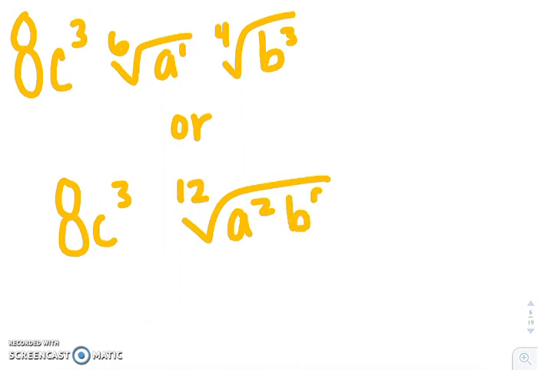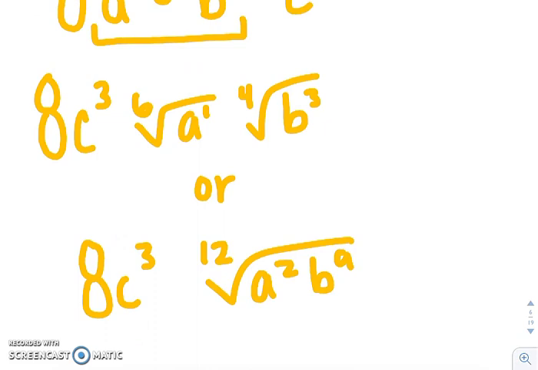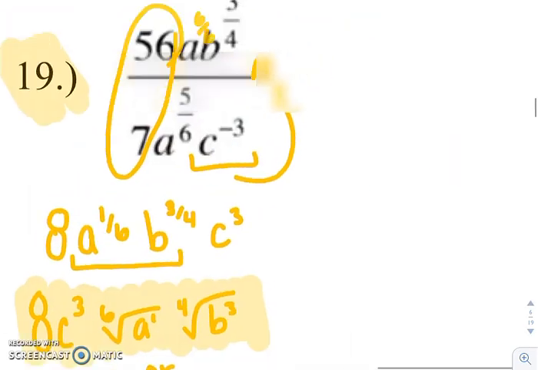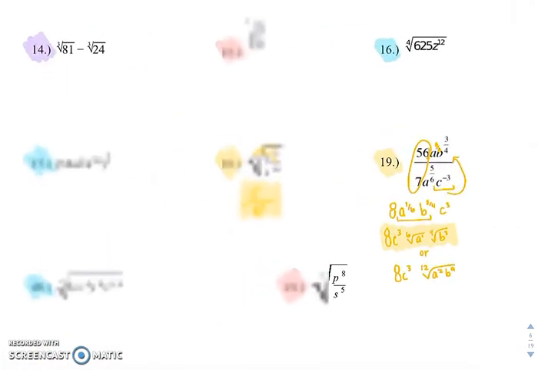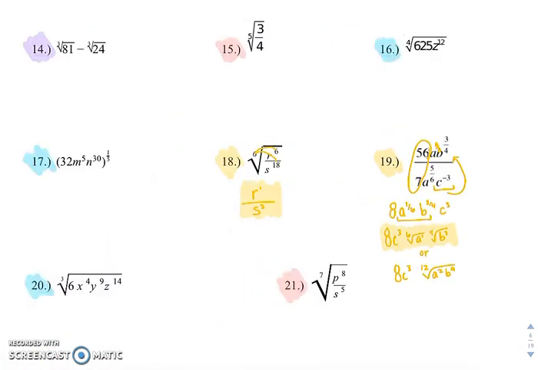So b to the 9th. So I would really accept them both. So again, just paying attention to those properties that you would normally use with exponents. It's just now some of them are fractions.